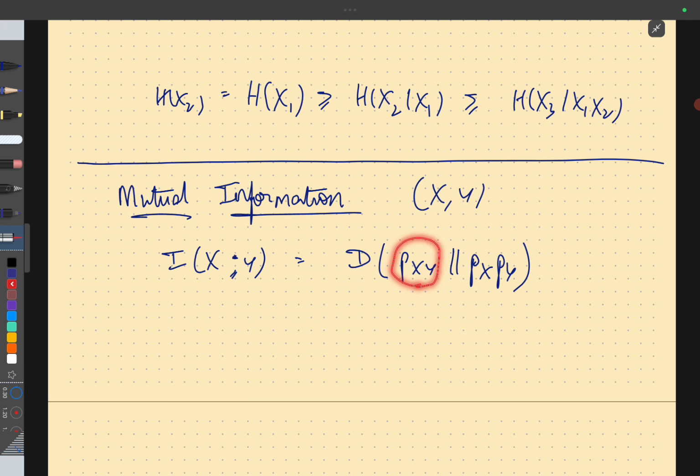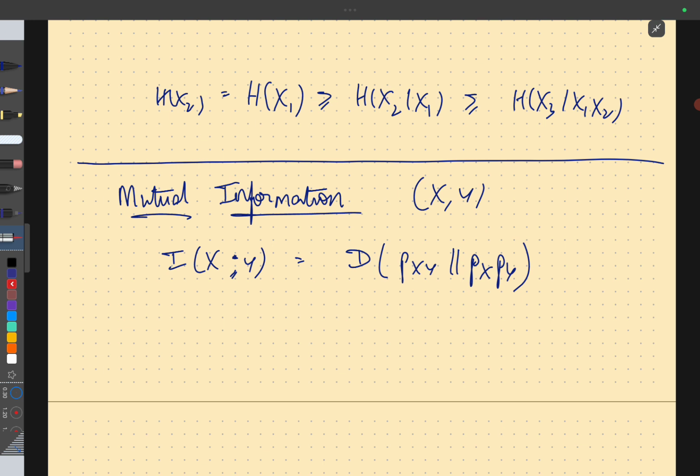So basically, this is the distribution of x comma y, taking into account the correlation between x and y. And this would be the distribution between x and y, assuming that x and y were independent but have the same marginals. So the divergence between these two distributions is just the mutual information.